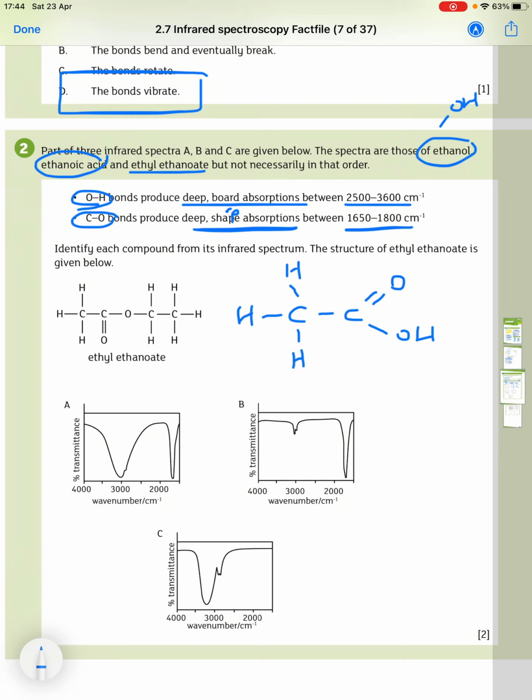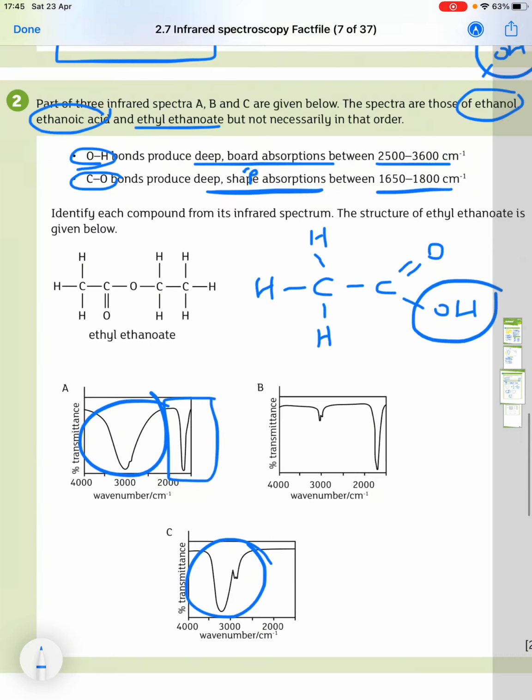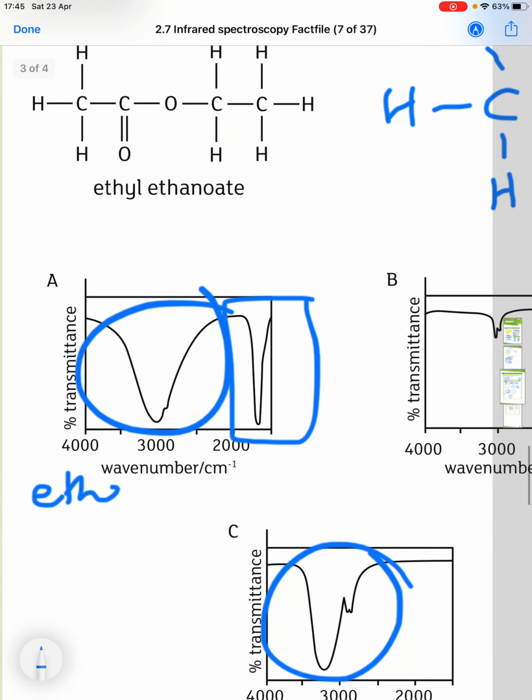So we can see that the ethanoic acid would have an OH, and so would the ethanol, and that means that C or A could be one of those. But with the ethanoic acid, we also have the C to O, which comes in here, so that makes A the ethanoic acid.